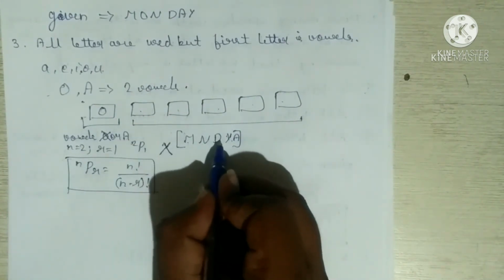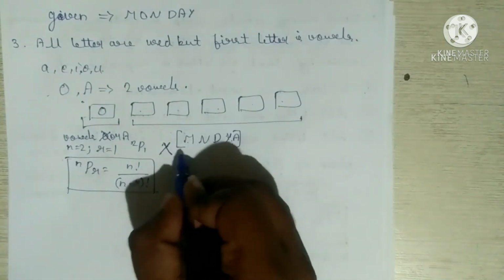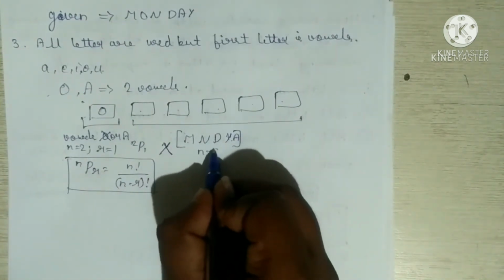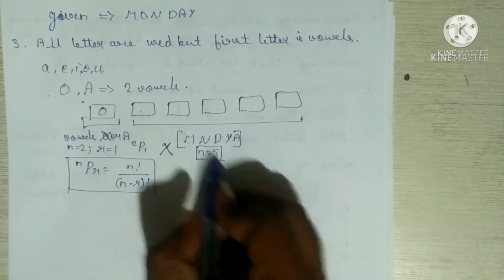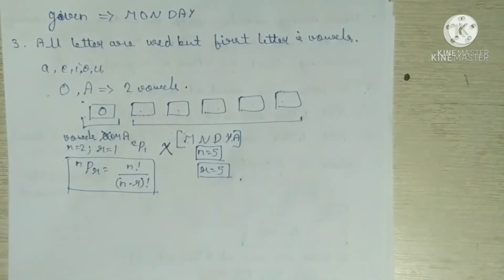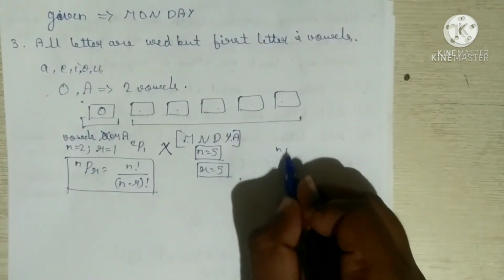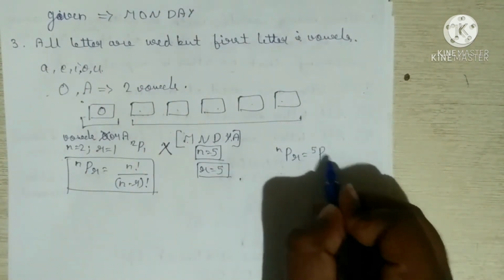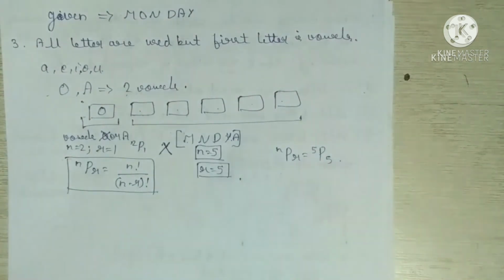MNDYA. Total number of terms n is equal to 5. You need to find 5 letters, r is equal to 5. Now nPr is equal to 5P5 for these 5 letters.